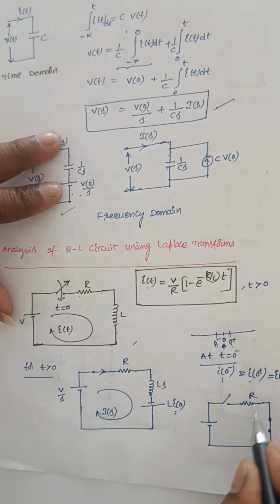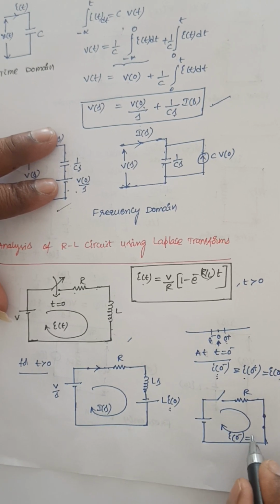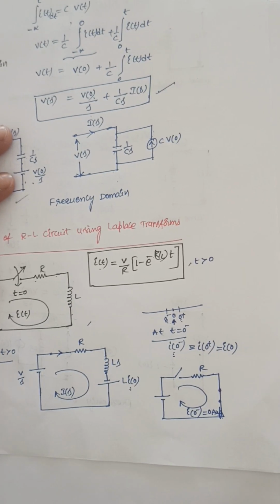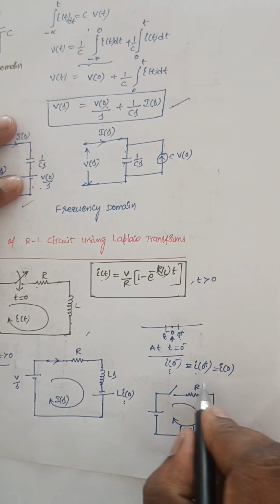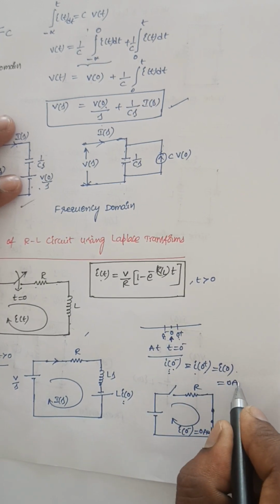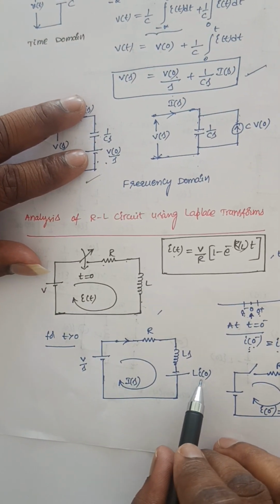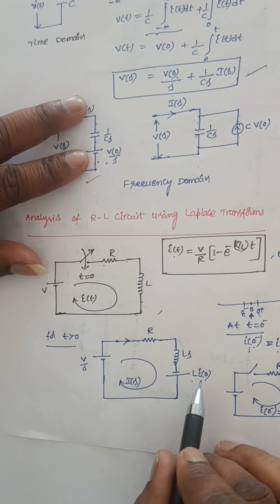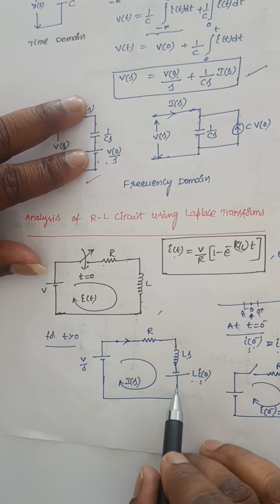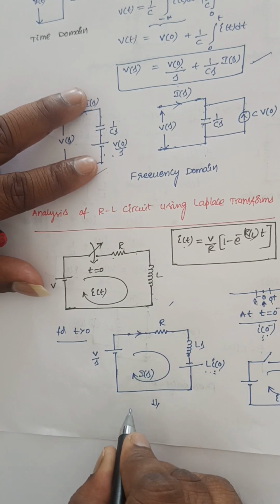So no current will flow through this inductor, that is 0 amperes. So I of 0 minus is equal to I of 0 plus is equal to I of 0 is equal to 0 amperes. So if I place 0 amperes here, 0 into L, it is 0 volts only. So the voltage is 0 means it will act as a short circuit. So I can represent this circuit like this.